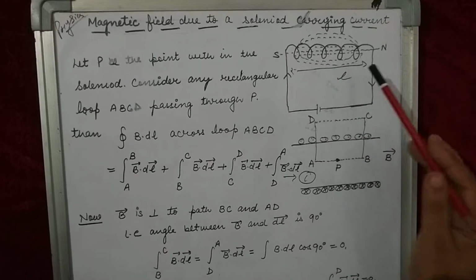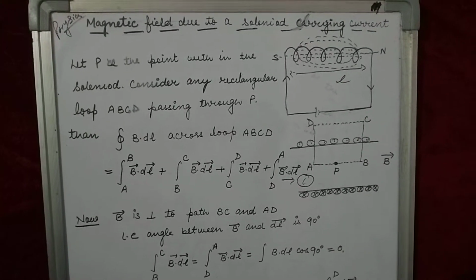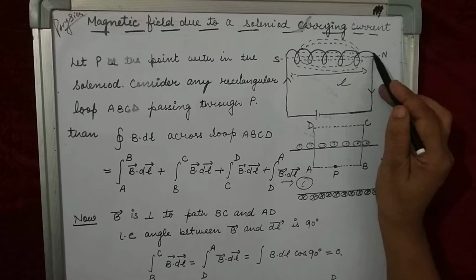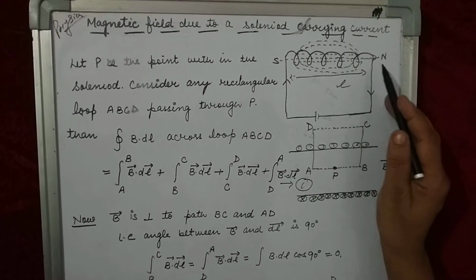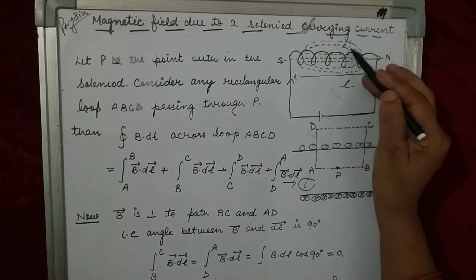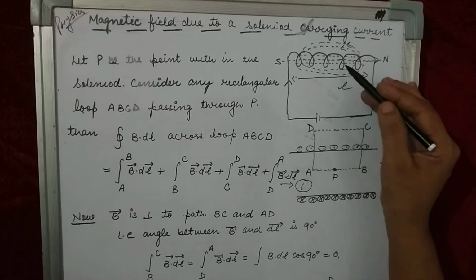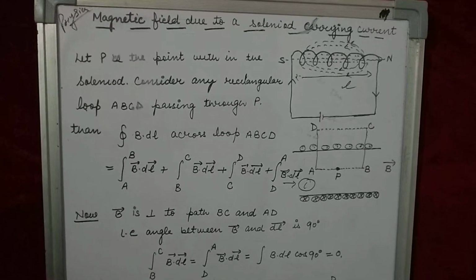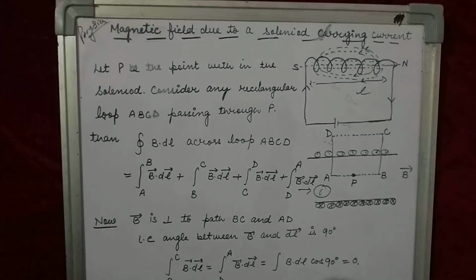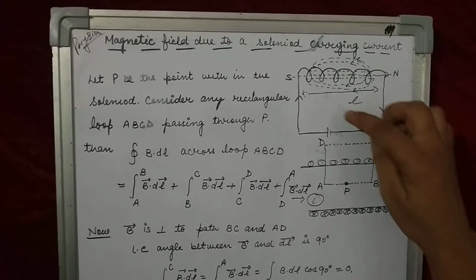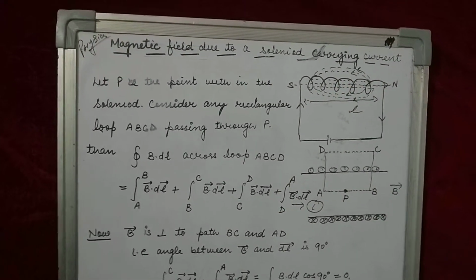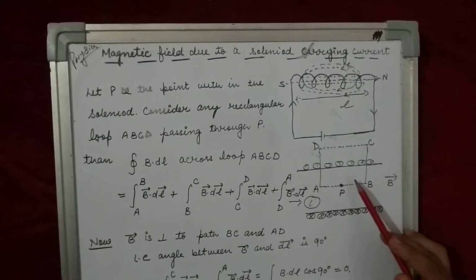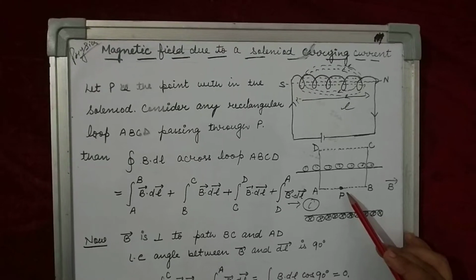Inside, the field direction is from south pole to north pole, and outside the direction of the magnetic field is from north to south. So the magnetic field is produced around this coil, which means this solenoid behaves like a magnet.